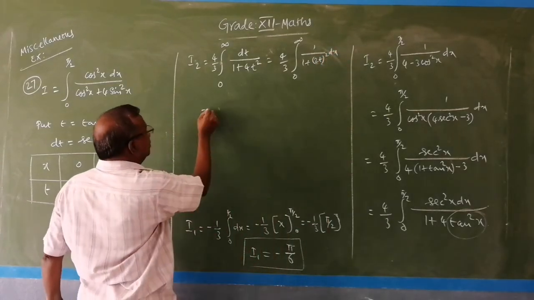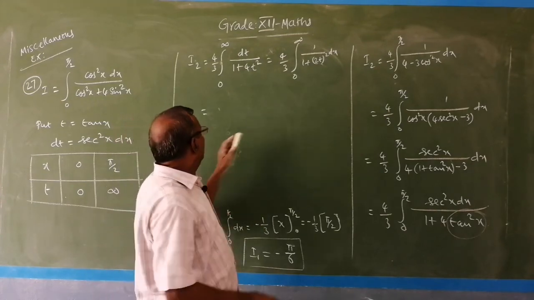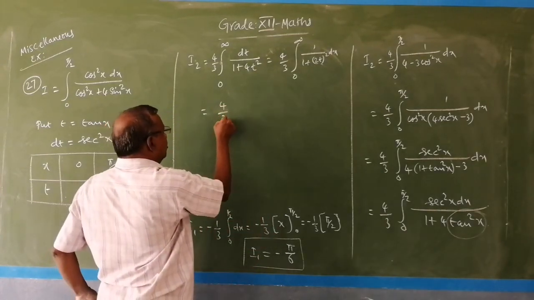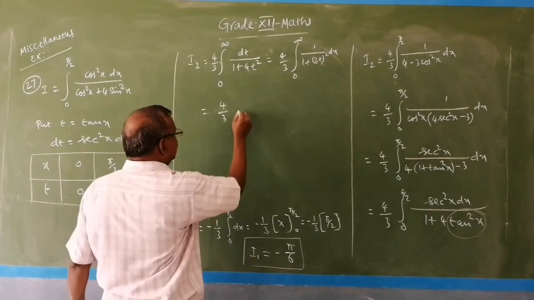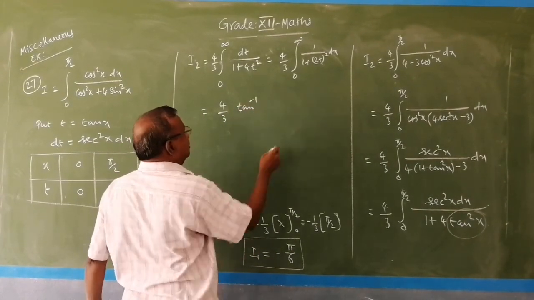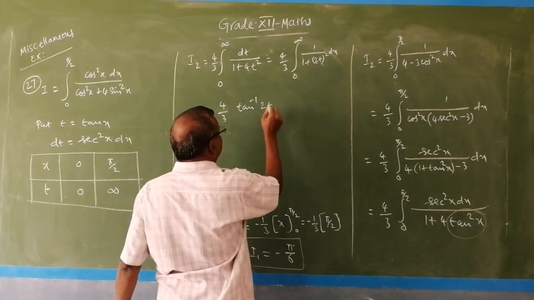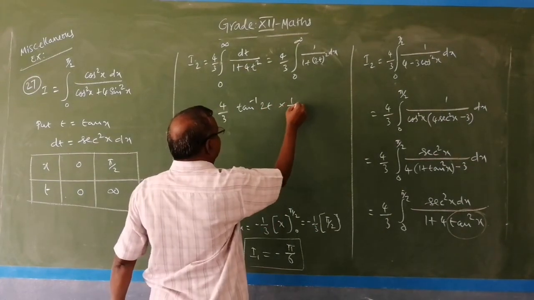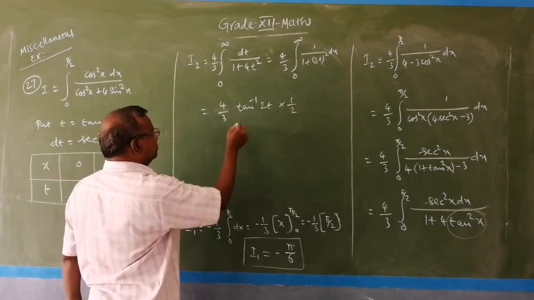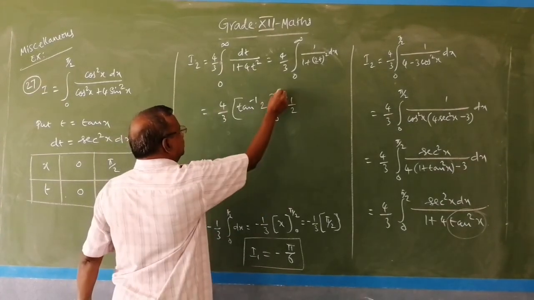Now 4 by 3 is common. 1 by 1 plus t square gives tan inverse, so here with 2t, the coefficient of t is 2, so we have to multiply by 1 by 2. The limits are 0 to infinity.